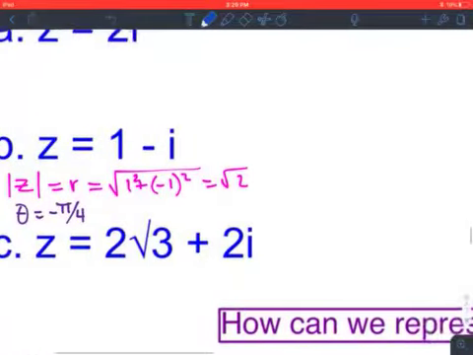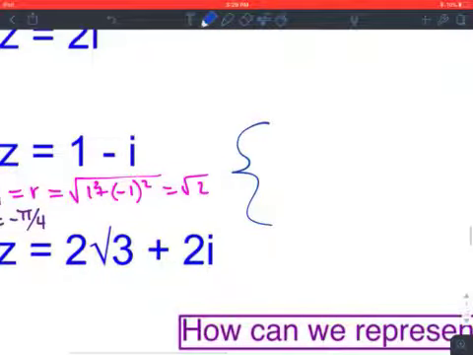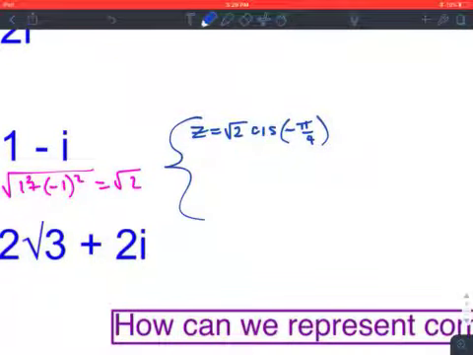So if I want to write it in polar form, then I have z is equal to r, square root of 2, cis theta, which is negative pi over 4. And that's square root of 2 cosine negative pi over 4 plus square root of 2 i sine of negative pi over 4.